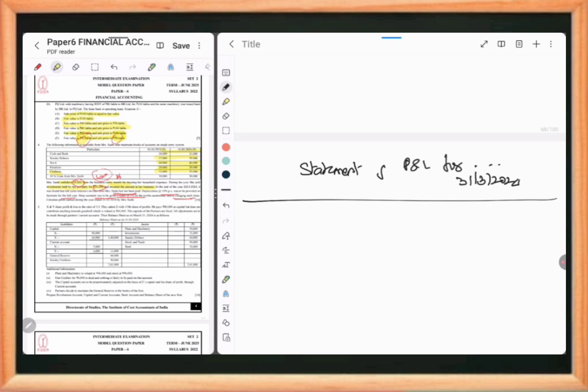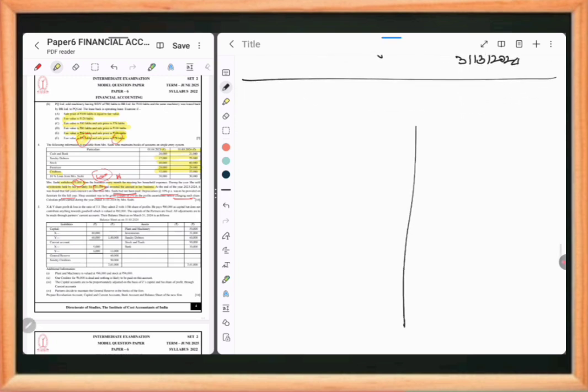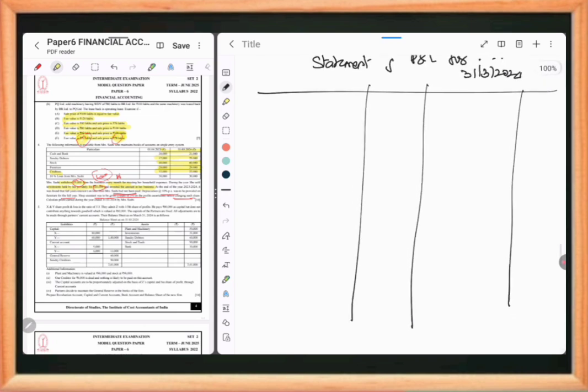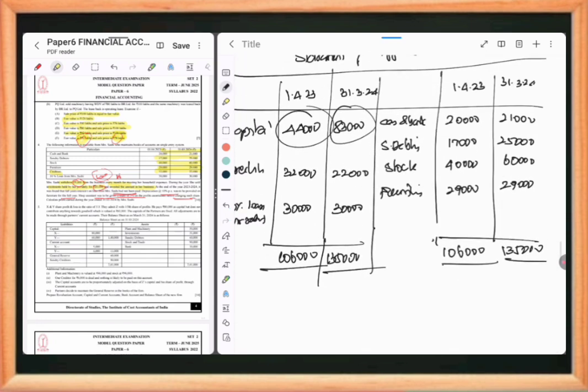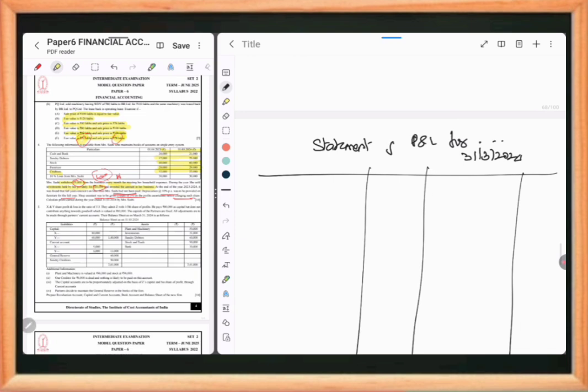So the closing capital we found out is 83,000, so we will start from the beginning with closing capital 83,000.